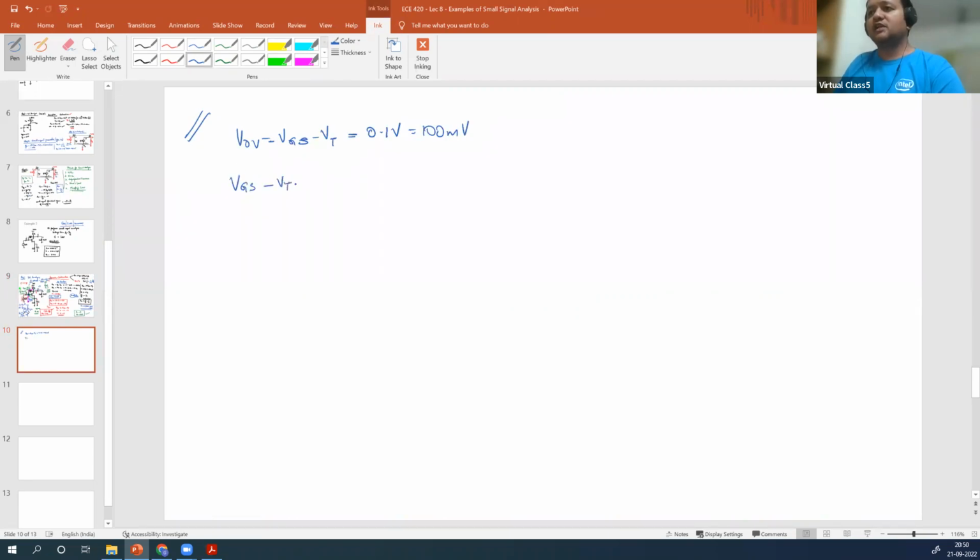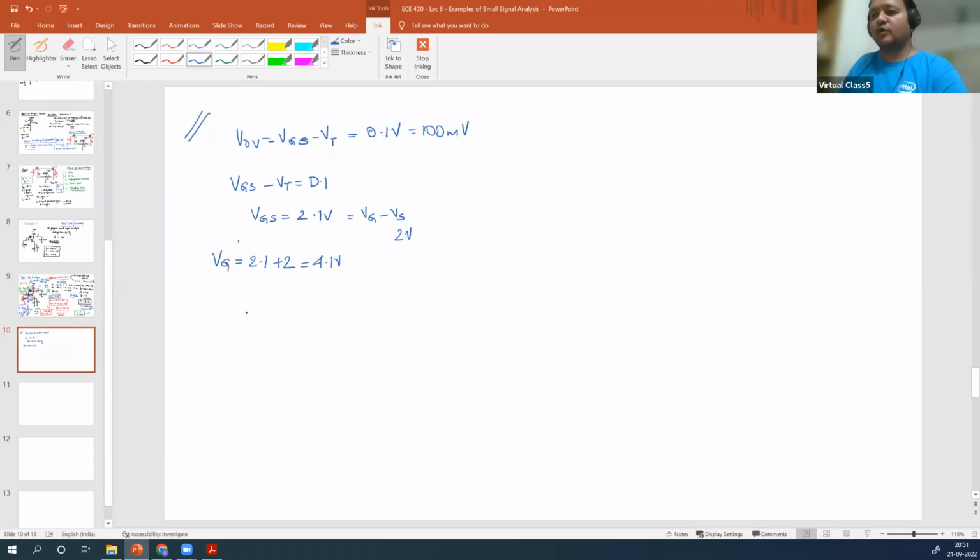VGS minus VT equals 0.1, or VGS equals 2.1 when VT is 2. Now VGS is VG minus VS. We know that VS is already 2 volt. So VG will become VGS plus VS. This will be 4.1 volt.